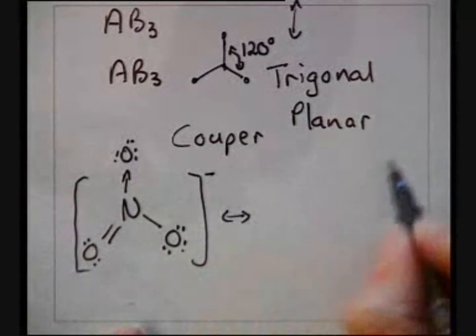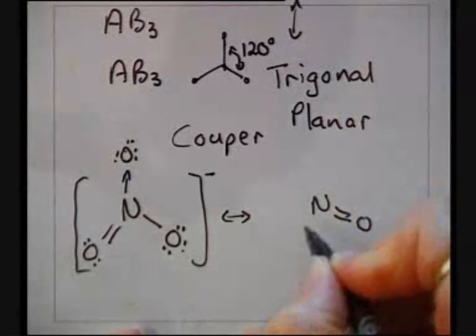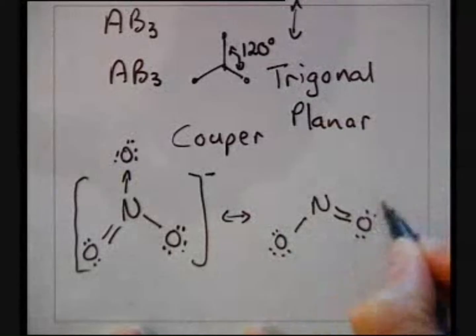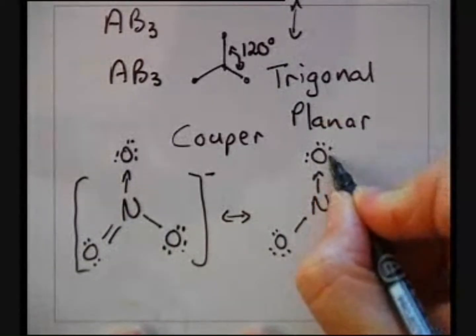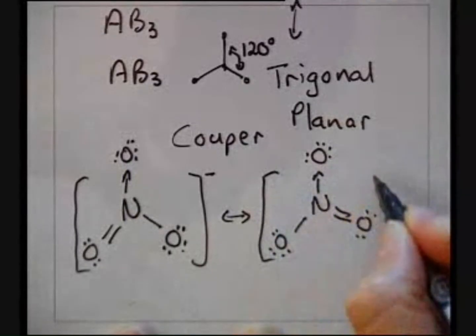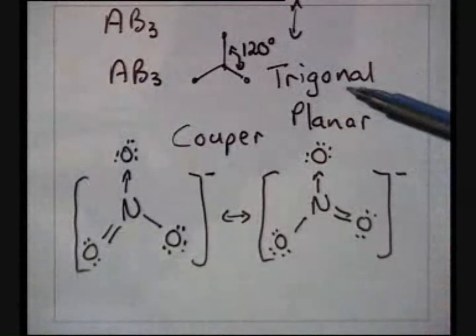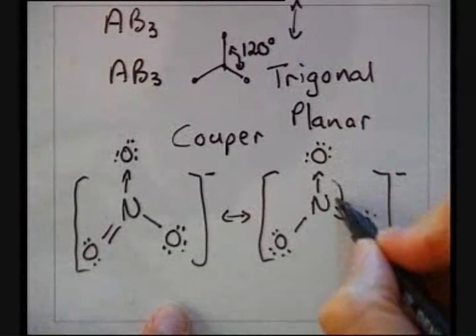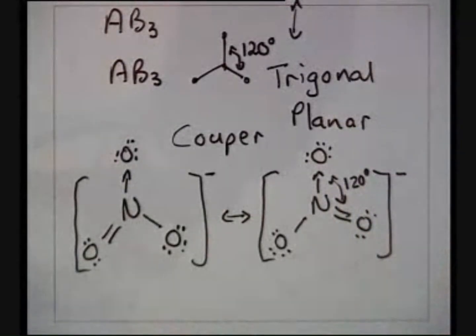We can illustrate the correct structure by writing different resonance structures. Illustrating again the presence of the dative or coordinate covalent bond. So that we have got a trigonal planar molecular geometry, and the bond angles will be all the same. They will all be 120 degrees.